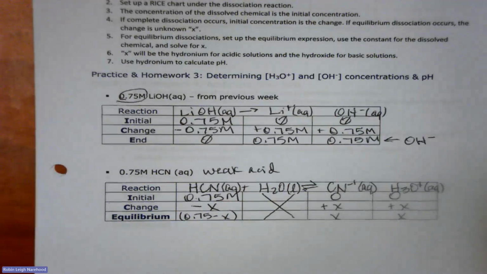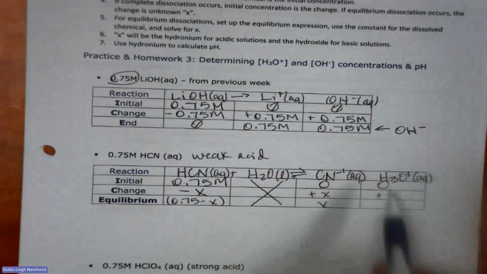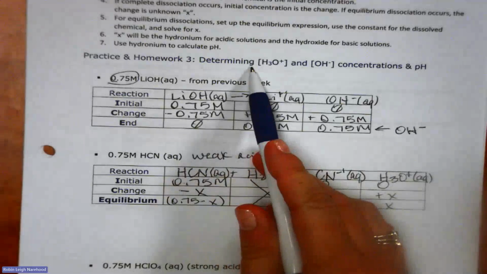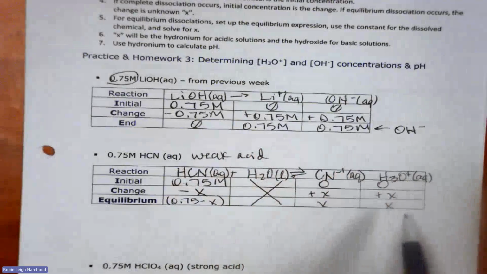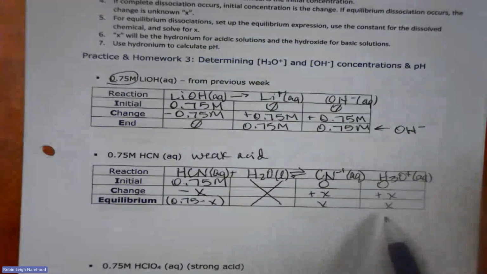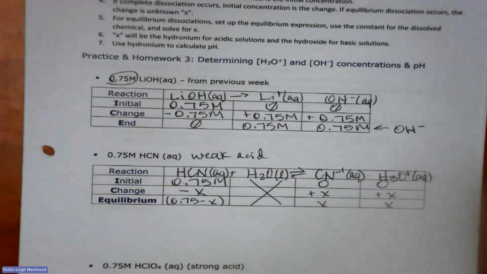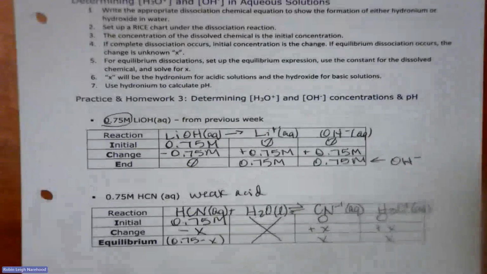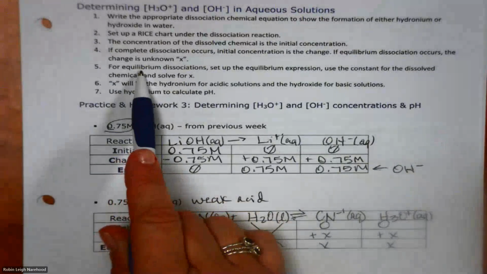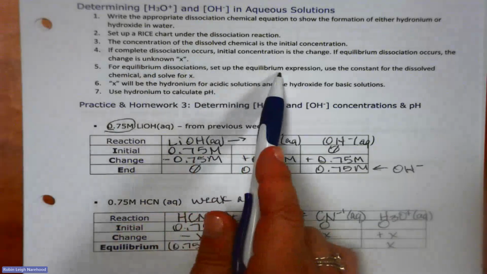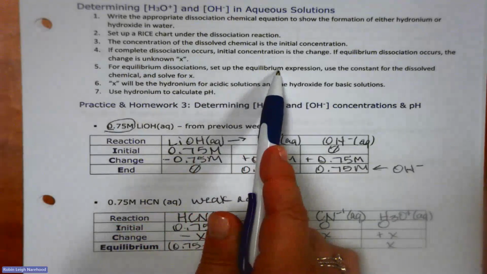Okay. So at equilibrium, we will have X amount of hydronium, which we want to be able to determine. How much hydronium? Is X a number right now to us? No, which means we would have to do a calculation. Okay. Equilibrium dissociations. Equilibrium always has an equilibrium expression.